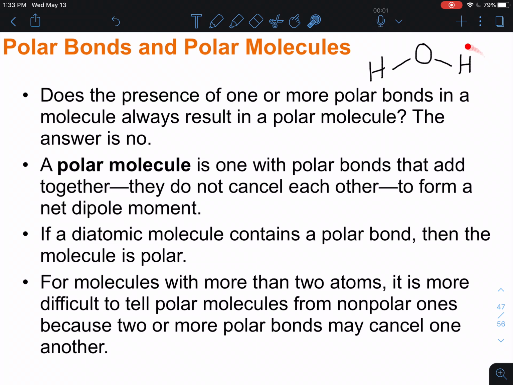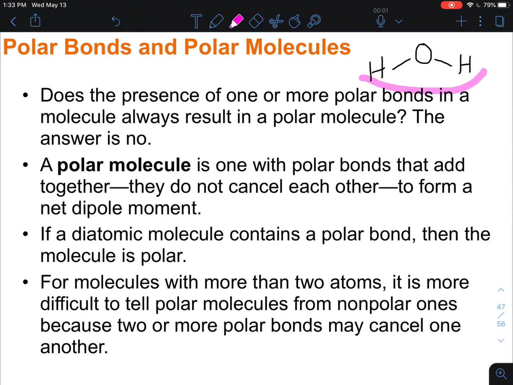And collectively, when we look at the fact that these two bonds are polar and we look at the shape of the molecule as a whole, we know that the molecule as a whole is polar as well, meaning that there's an unequal distribution of electron density within the molecule.